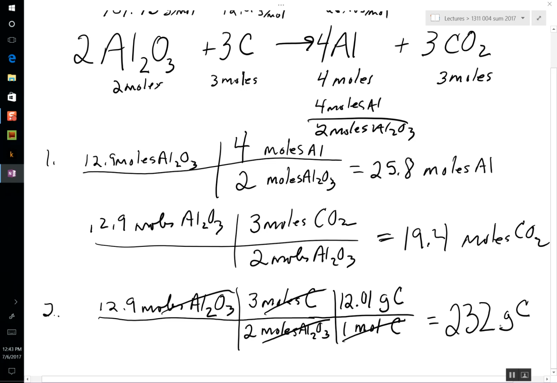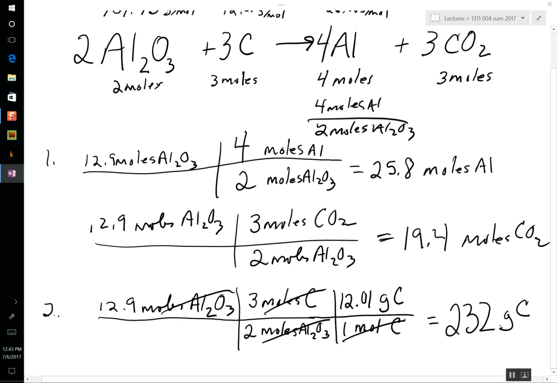232 grams of carbon. Now we're coming into the real world here. Alcoa doesn't sell aluminum by the mole. I just can't imagine an aluminum company advertising it's $325 per mole. Most customers would say, I don't know what that means.